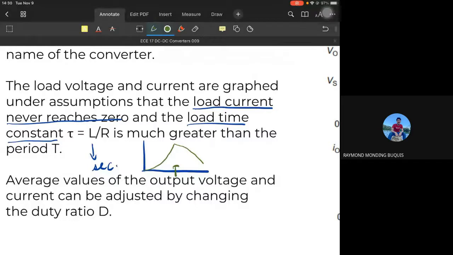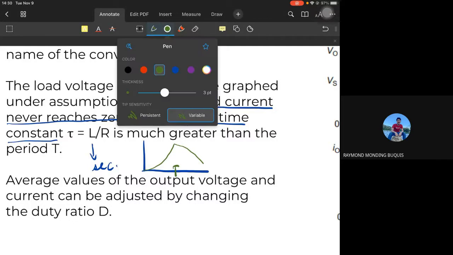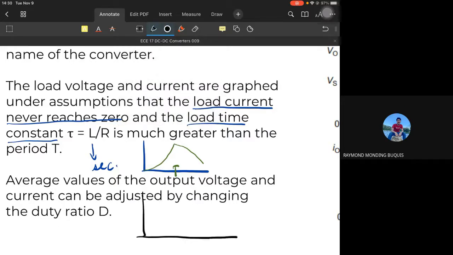If the period is longer than tau, the inductor will have discharged and reached zero before the input signal finishes, which is not what we want. So what we want is for the period of our signal to be much less than the time constant.